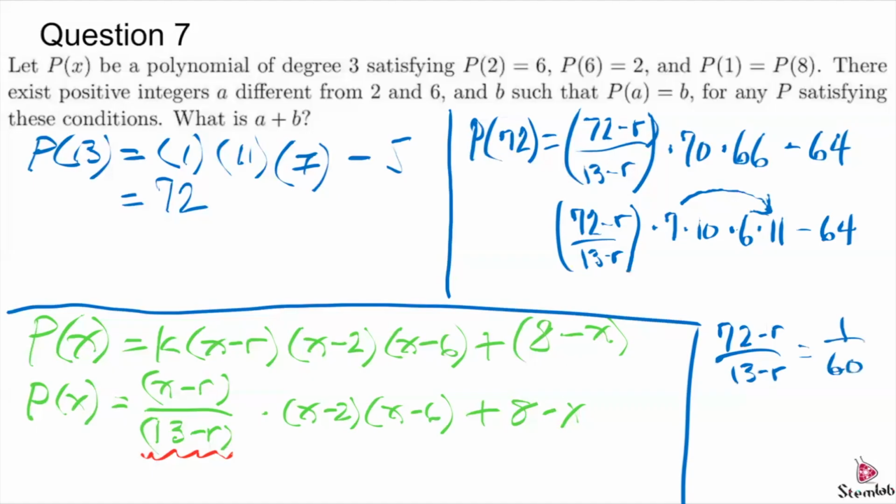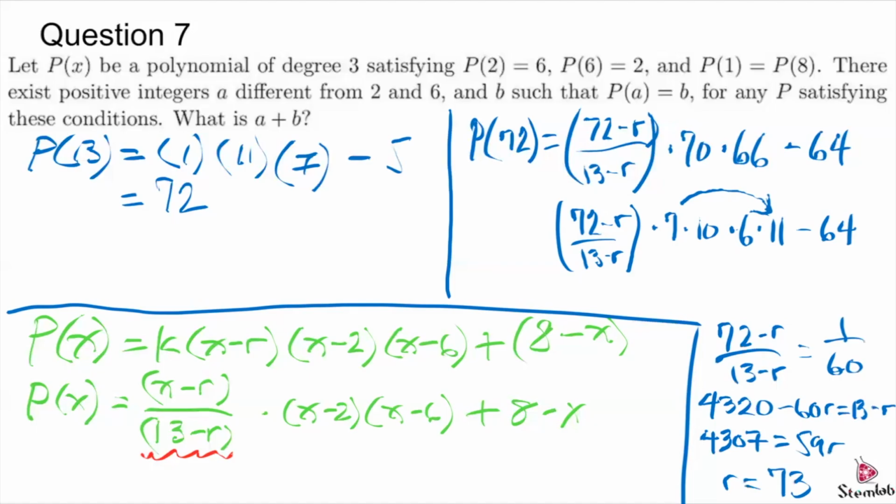Okay, so solving for that, we have 4,320, which is 72 times 60, minus 60r is equal to 13 minus r. Okay, or 4,307 is equal to 59r, and hence r is equal to 73. If you divide 4,307 by 59.